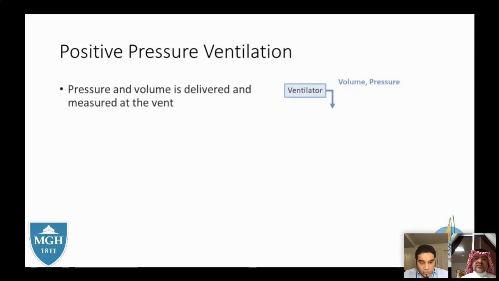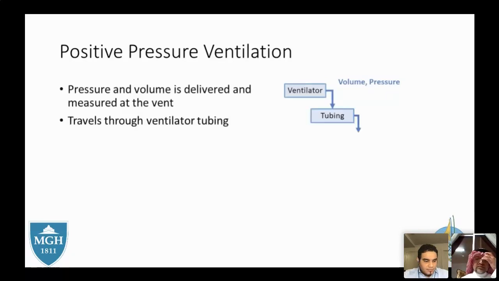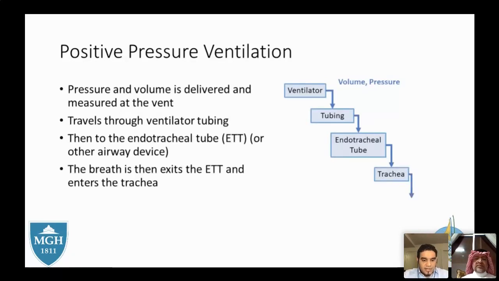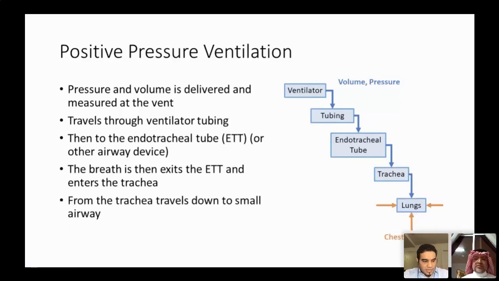This flow and pressure is generated at the ventilator, travels through the ventilator tubing, down to the tracheal tube, into the trachea, and finally to the alveoli, which expands the lungs. Elastic recoil is provided externally by the combination of lung tissue and chest wall. Okay?